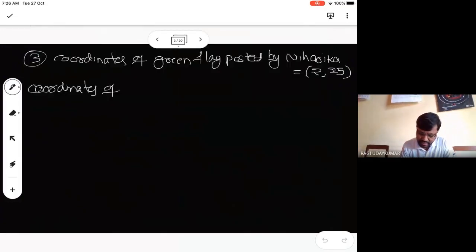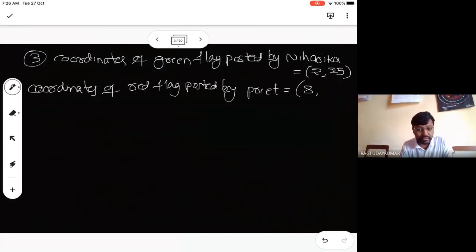Coordinates of the red flag posted by Preet, which is equal to 8th line में and 1/5 of the total distance. Total distance 100. So 1/5 of the 100 is nothing but 20. So you are going to get the coordinates as 8, 20.